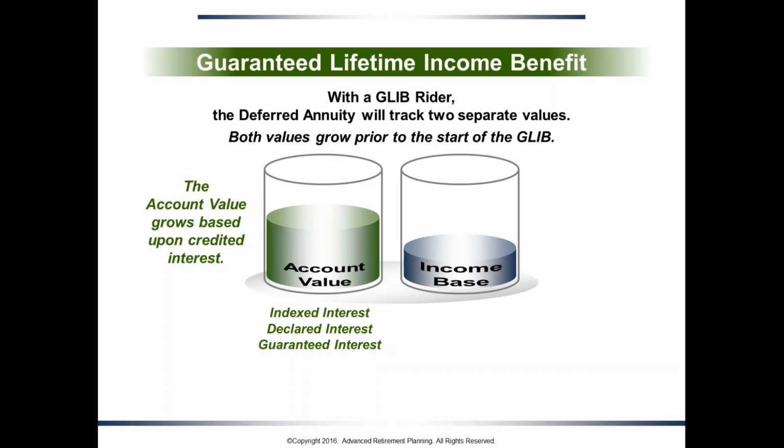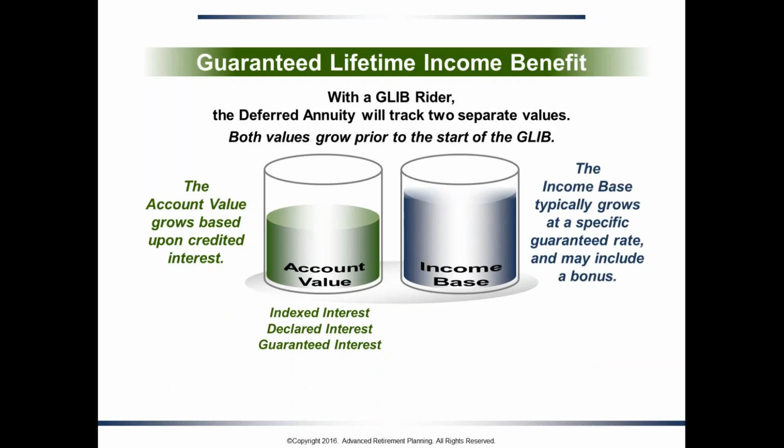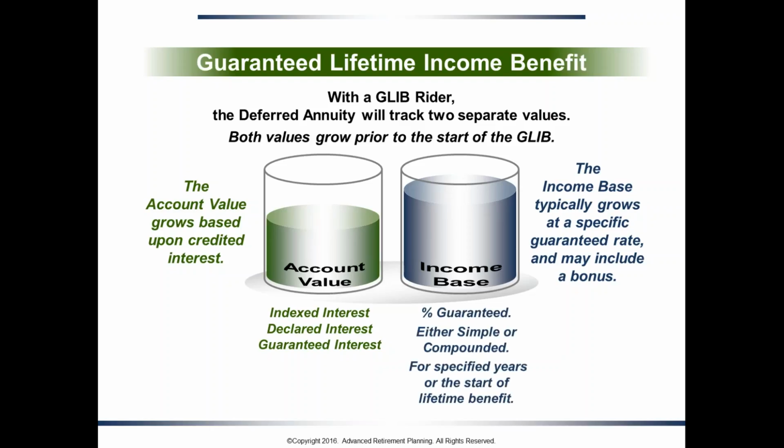Now, this income base is the core of the GLIB. It's typically going to grow at a specific guaranteed rate, and it may or may not include what they call an income bonus, okay? And that rate is either going to be a simple interest guarantee or a compounded guarantee.